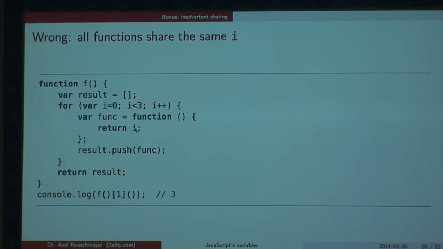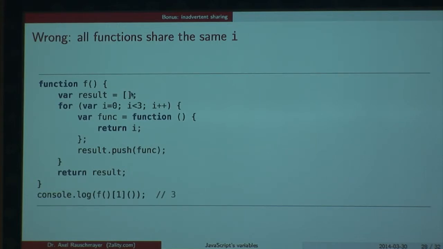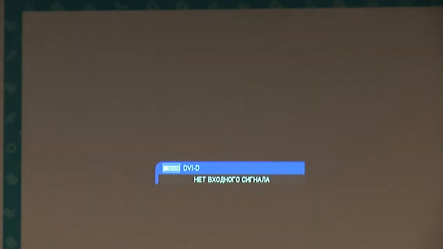And then we create a new function, and we push it onto the array. So we have an array of functions, and we would expect the function at index 0 to return 0, the function at index 1 to return 1, at index 2 to return 2, right?